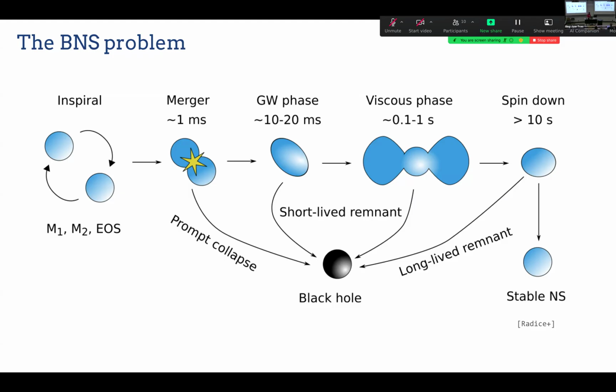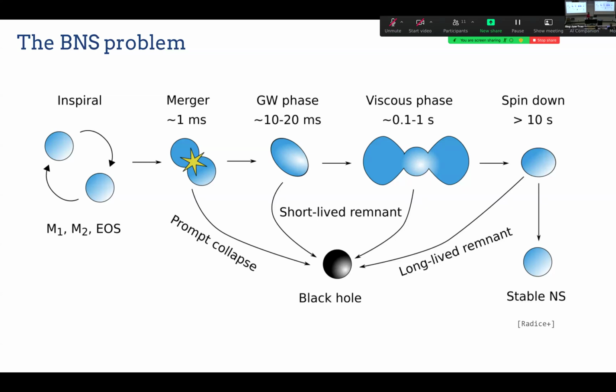One of the most important parameters in this type of evolution is the mass scale of the equation of state, which in our case is essentially the maximum mass for a non-rotating neutron star. Depending on the masses of our binaries, we can qualitatively try to predict what the outcome will be. When the sum of the masses of the two neutron stars is much larger than the reference mass, the neutron stars will promptly collapse to a black hole in vacuum.